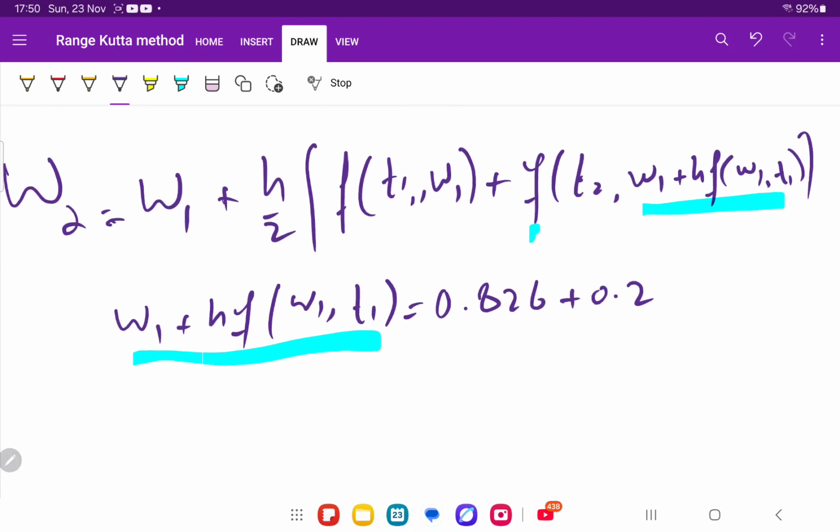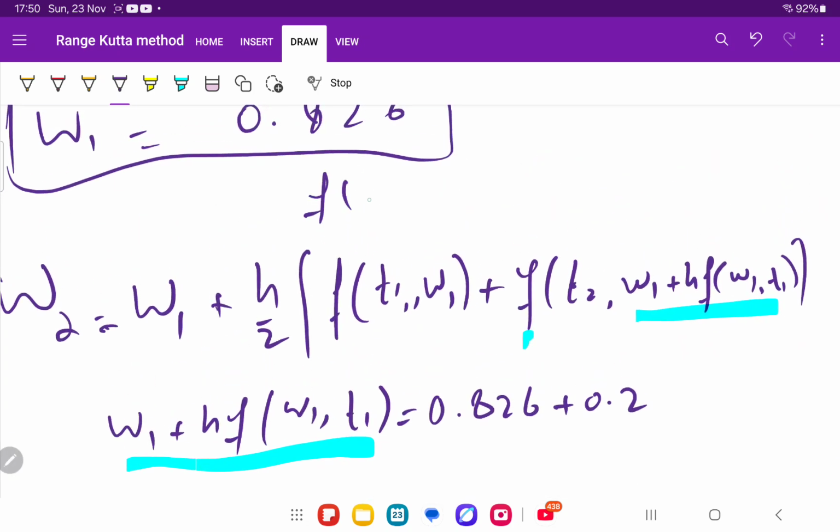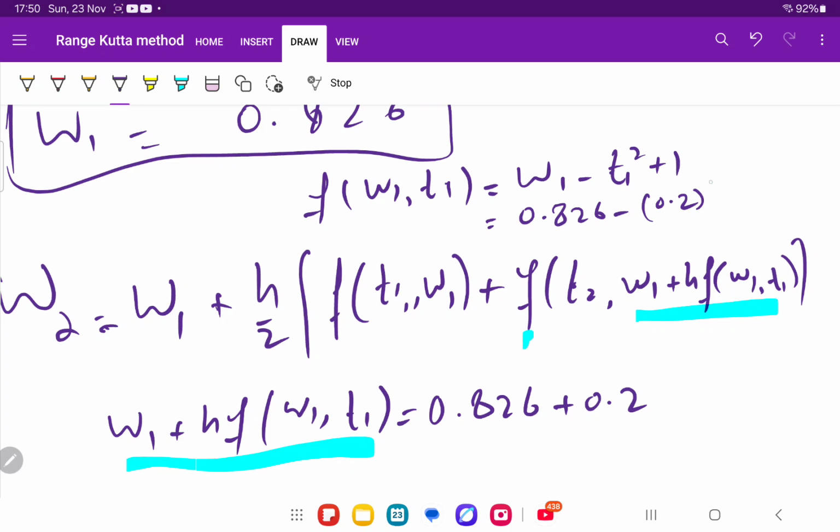When we talk about f of w1 and t1, it means w1 minus t1 square plus 1, that is the function. So we need 0.826 minus t1, which is already 0.2, square plus 1. t1 is the next point after 0.